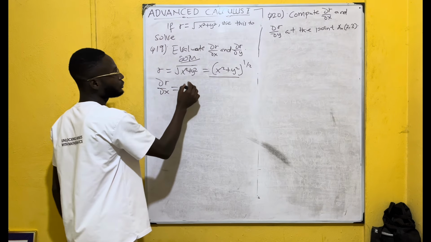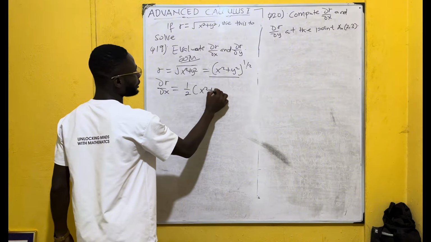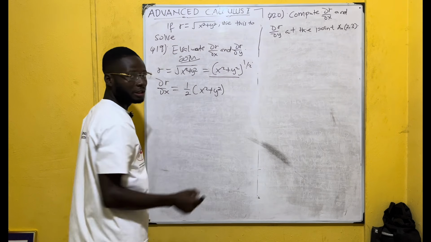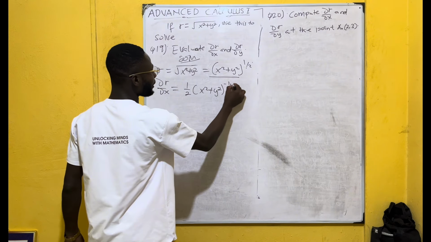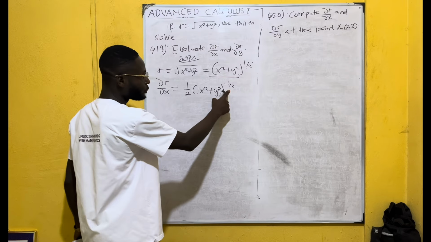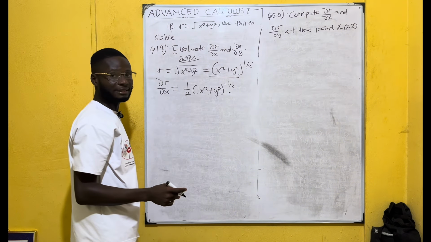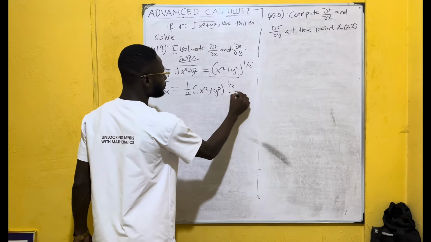dx will be equal to, drop the half, then you write the whole function again, then use the power rule to reduce the degree by 1. So you have minus 1 here, minus 1 on 2 here, then differentiate the inner function using implicit differentiation. Differentiate with respect to x, then you have 2x.